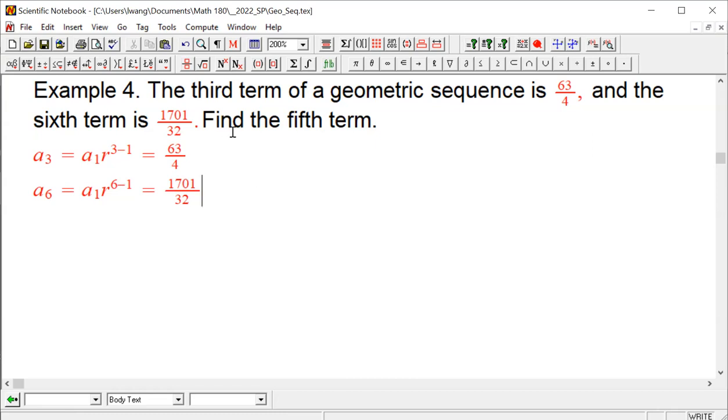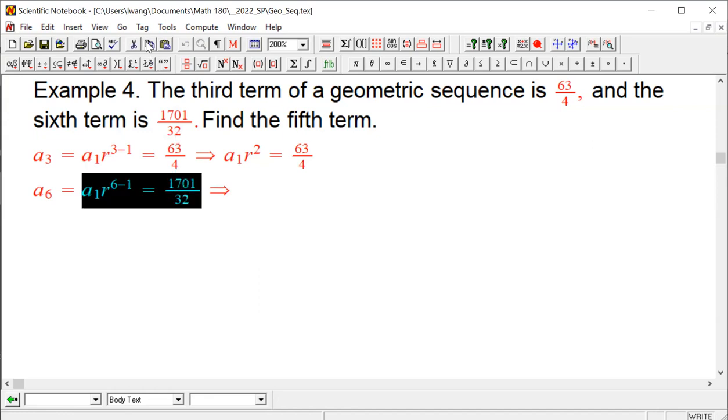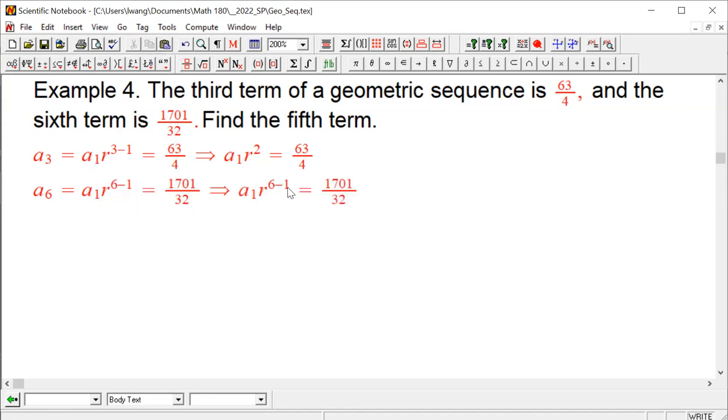So we end up with the following equations. For the third term, 3 minus 1 is 2, and for the sixth term, 6 minus 1 is 5. So we get two equations, equation 1 and equation 2.